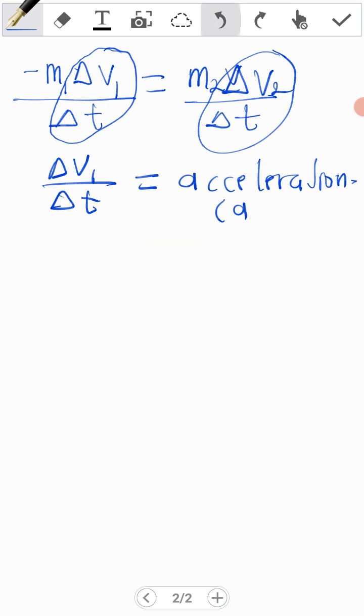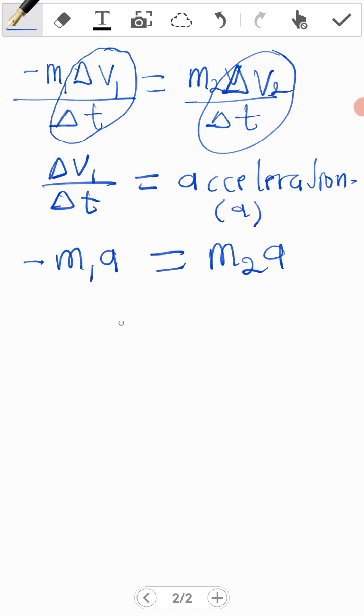Okay, so now we can say negative m1, then we substitute the A, so it will be negative m1A is equal to m2A. And we know that force is equal to mass times acceleration, and that's what we have here and here.